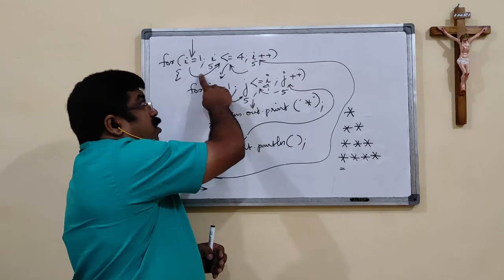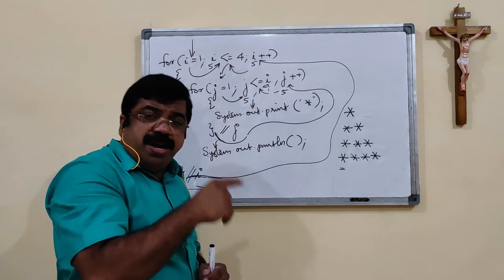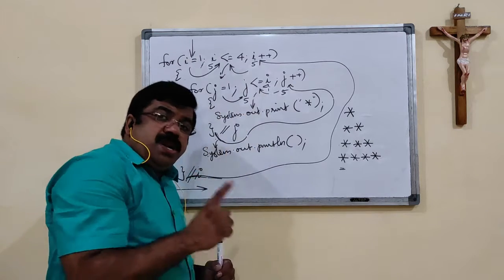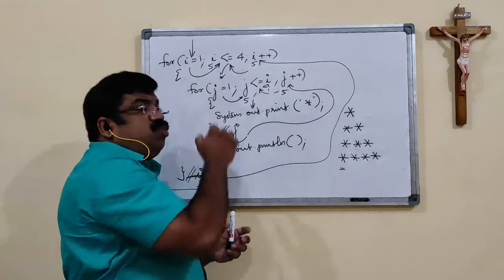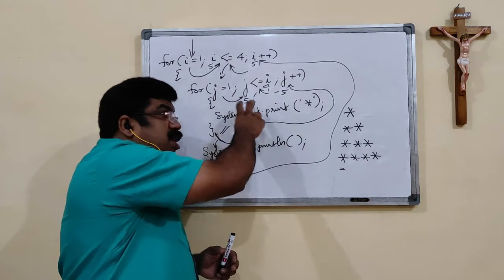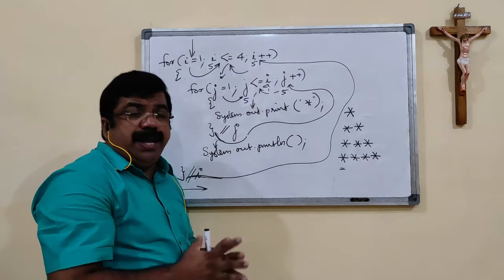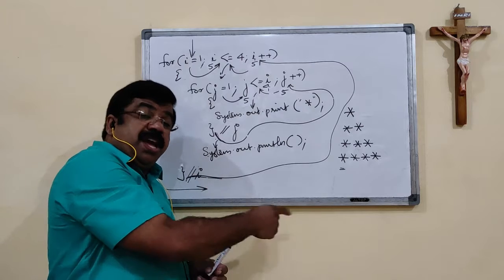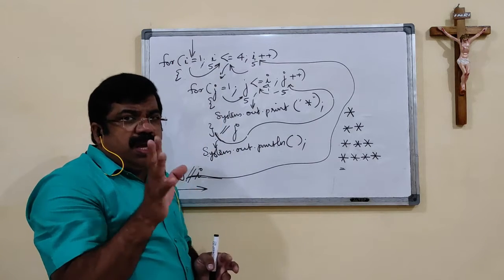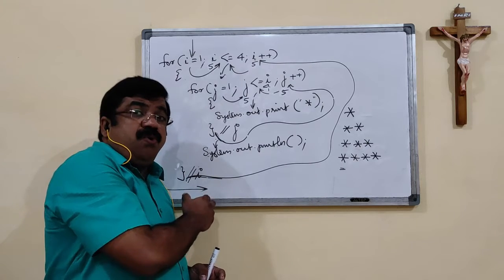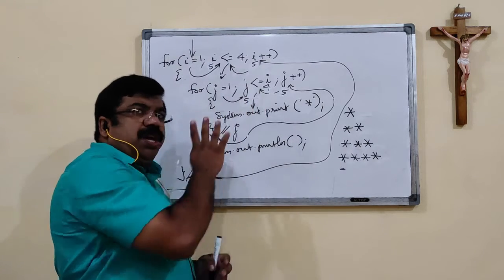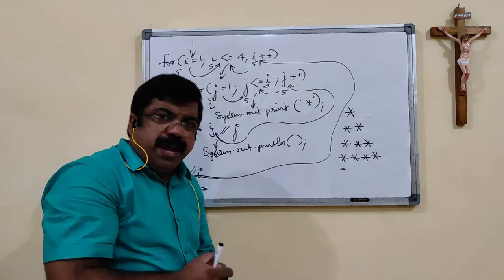We saw for the value of I as 1, the inner loop executed 1 time. When I became 2, the inner loop executed 2 times. When I became 3, the inner loop executed 3 times. And when I became 4, the inner loop executed 4 times.